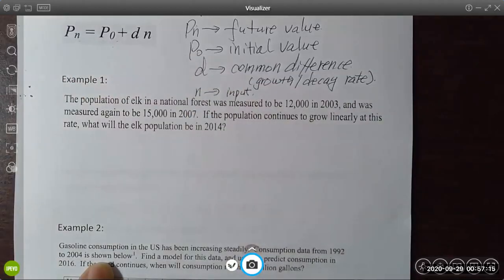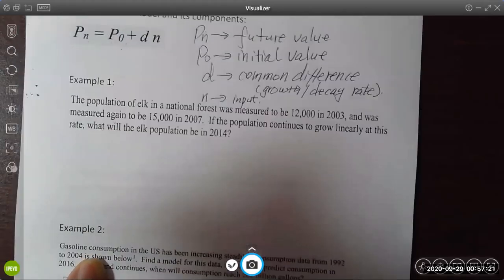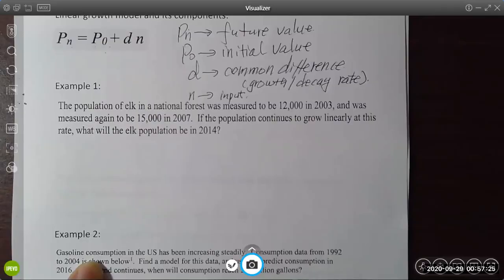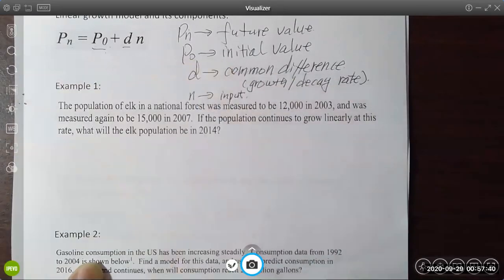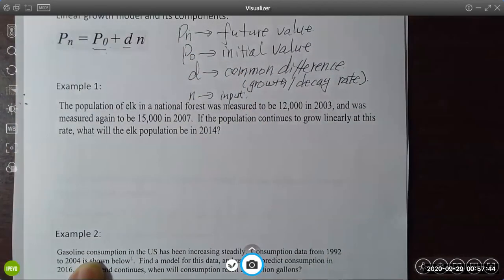For any growth model, from a common sense point of view, if you want growth, you have to have a starting point to grow, right? And besides the starting point, you have to know how fast it will grow or decay. So you have two components in the growth model, initial value and growth rate. That's why we have this tool. After that, you just need input and output to have a model.